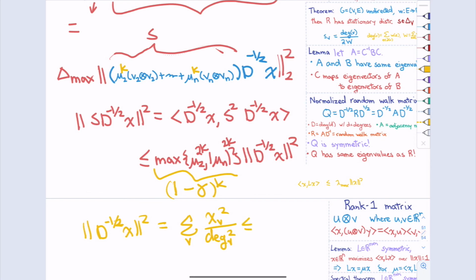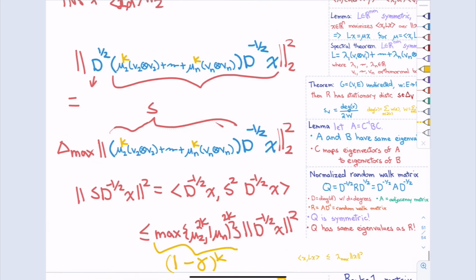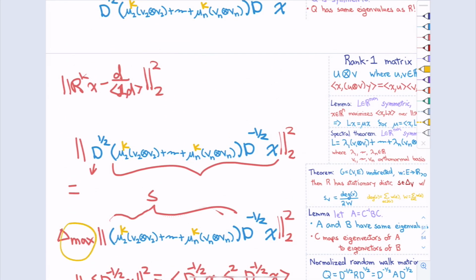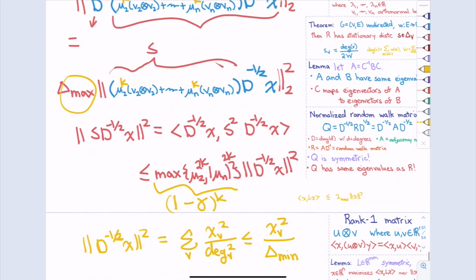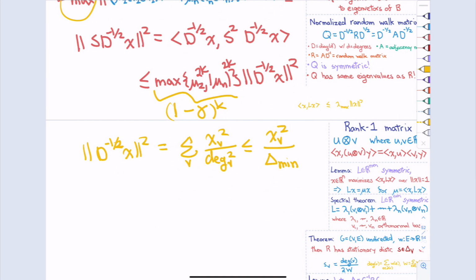So at the very least, each one is being divided by at least the minimum degree in the graph, x_v squared, okay? Somewhere up here, there was a degree max from getting rid of the d 1/2 for the exact same reason. So putting everything together looks a little bit cleaner in the notes than this.